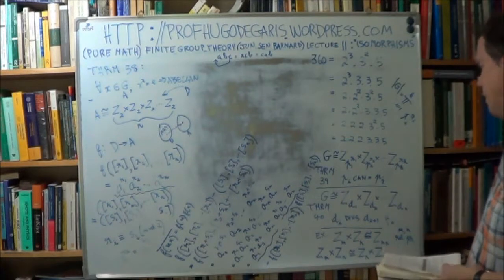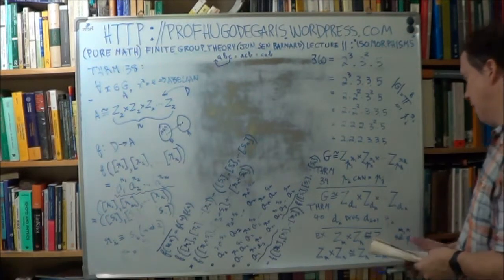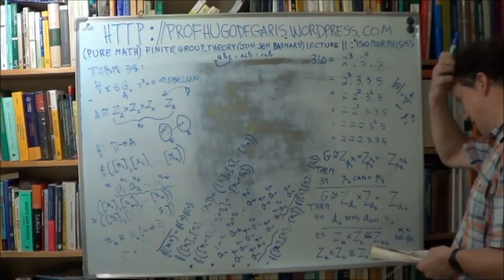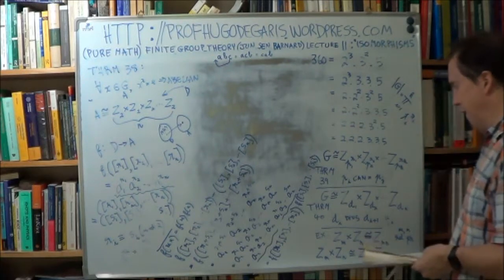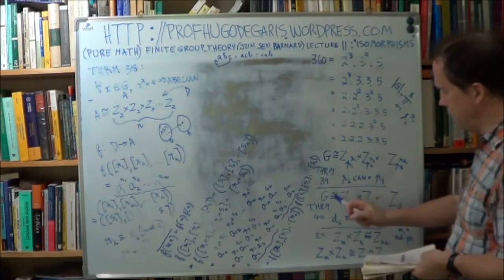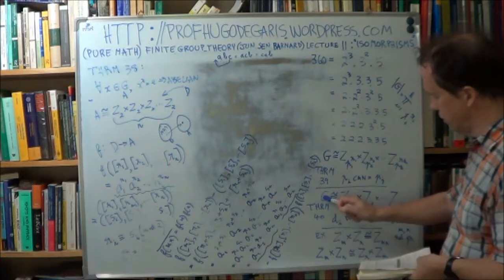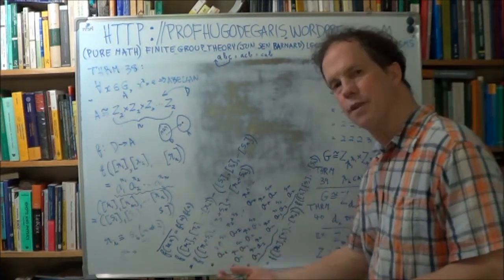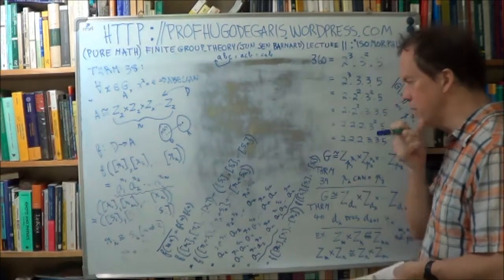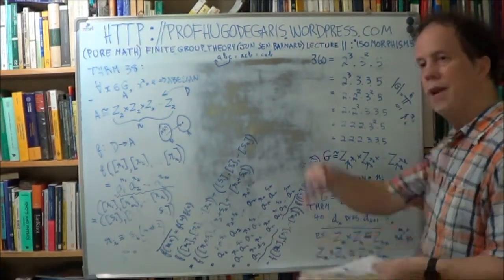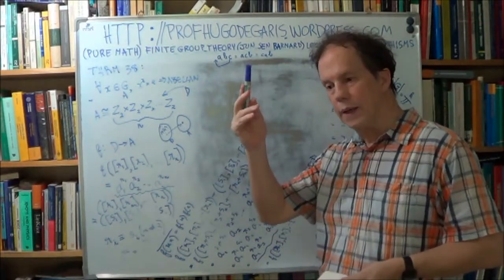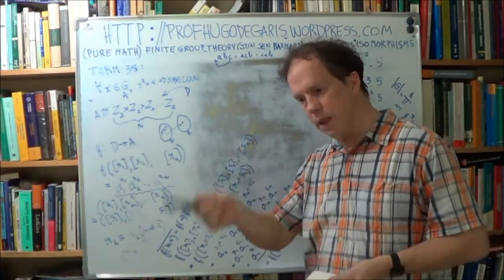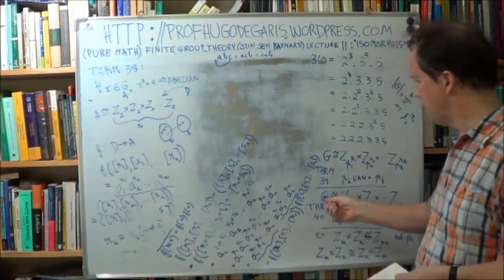All right, now Theorem 40. If you take your group and you're trying to find what other groups are isomorphic to it, you just start with some finite abelian group G, right?